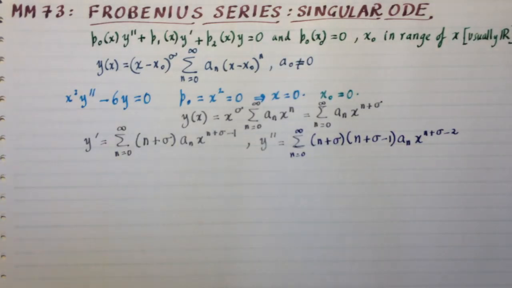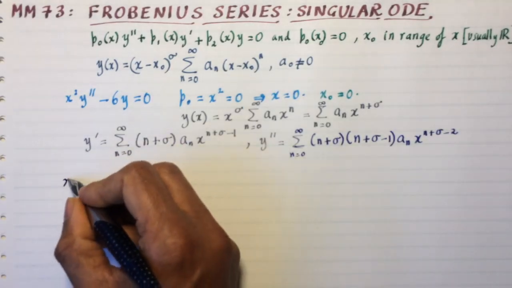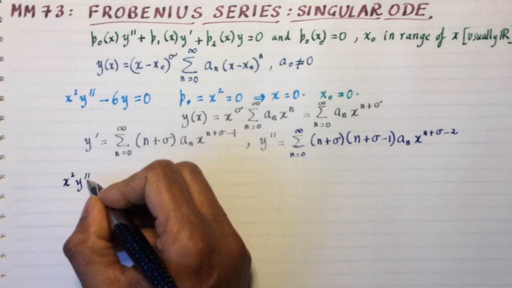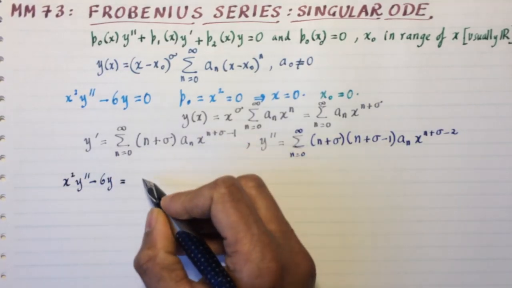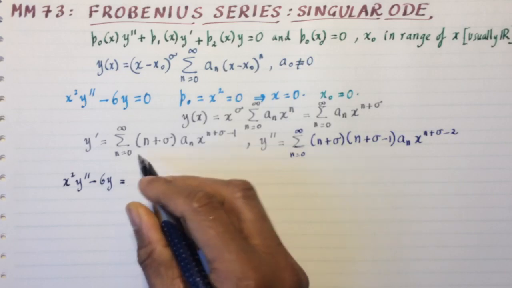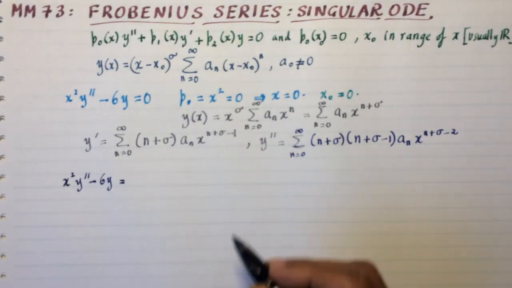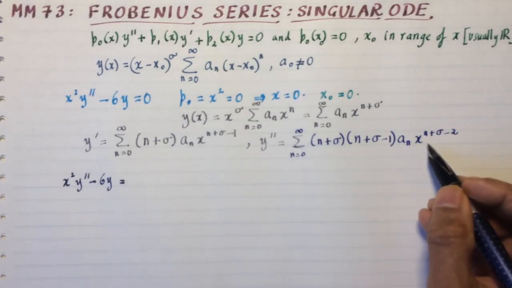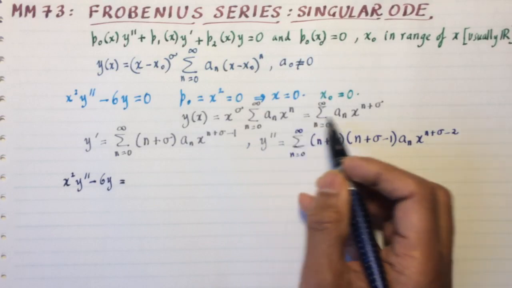It's just following procedure. So the original differential equation, x squared y double prime minus 6y, simply becomes, if I take y double prime and multiply it by x squared, the minus 2 term goes away. So I'll just get an x to the n plus sigma. And 6y also has only n plus sigma.